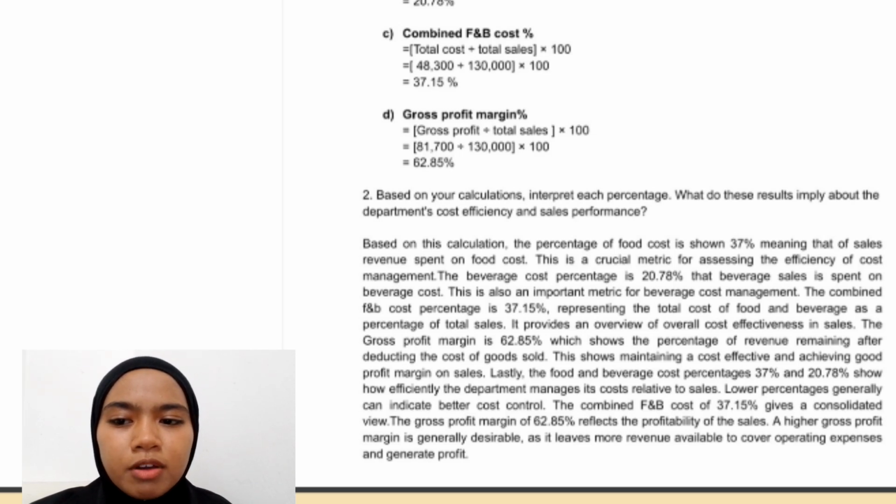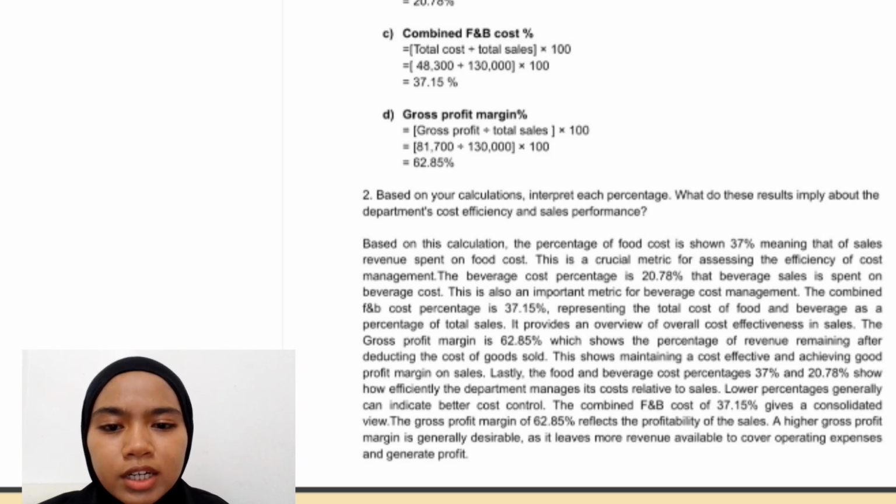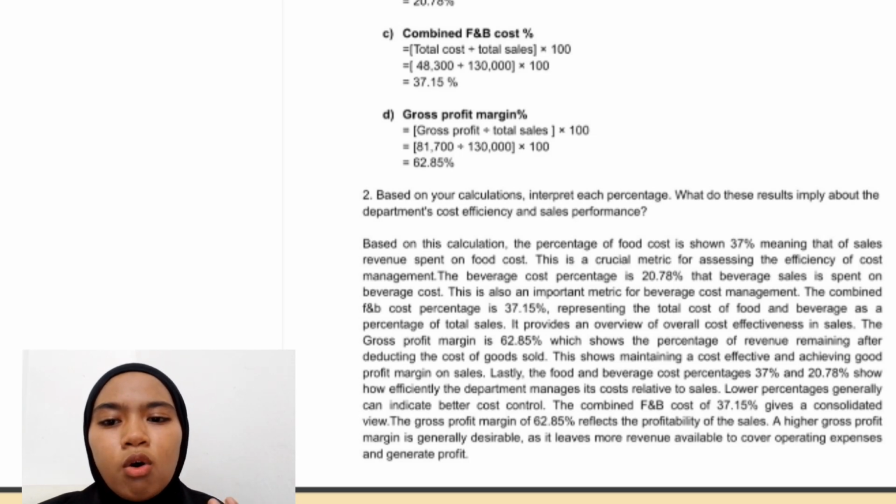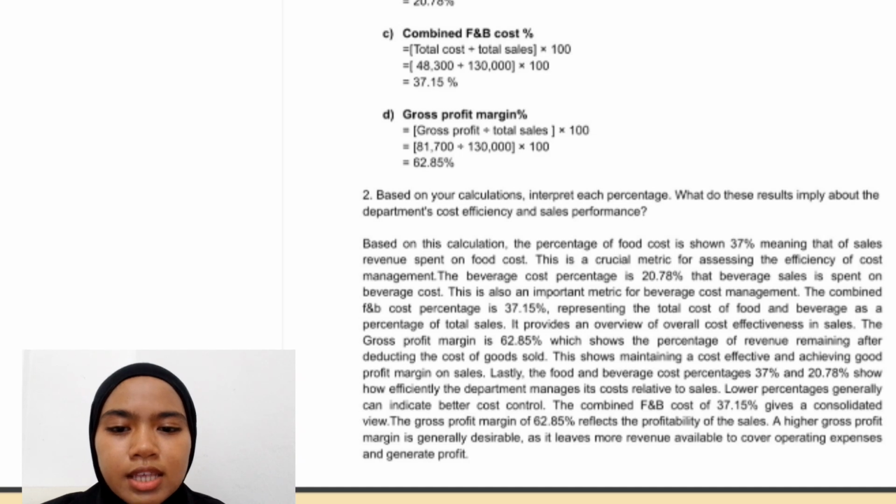The combined F&B cost percentage is 37.50%, representing the total cost of food and beverage as a percentage of the total sale. It provides an overview of overall cost effectiveness in sale.